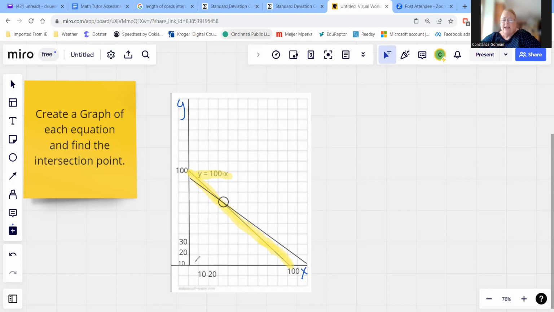Given the graph that I have, I could only really make each box 10 or maybe even 5, but it would go off the chart. Now I've used every part of this graph. Graphing this point was easy and this point was easy because they're both 100, the x-intercept and the y-intercept. But in this case, this point is going to be 89 something.